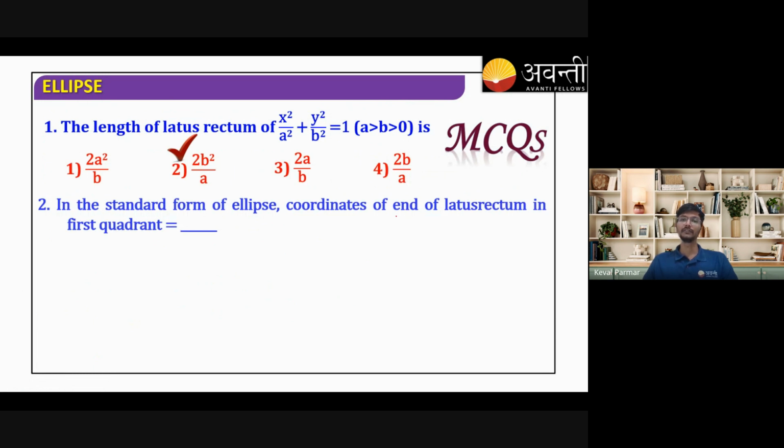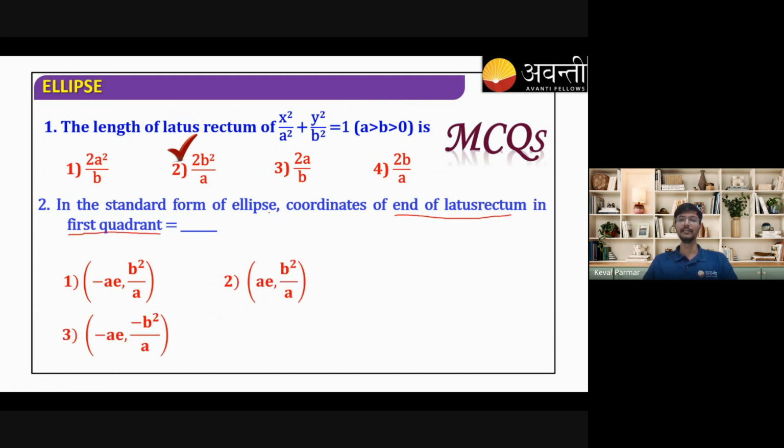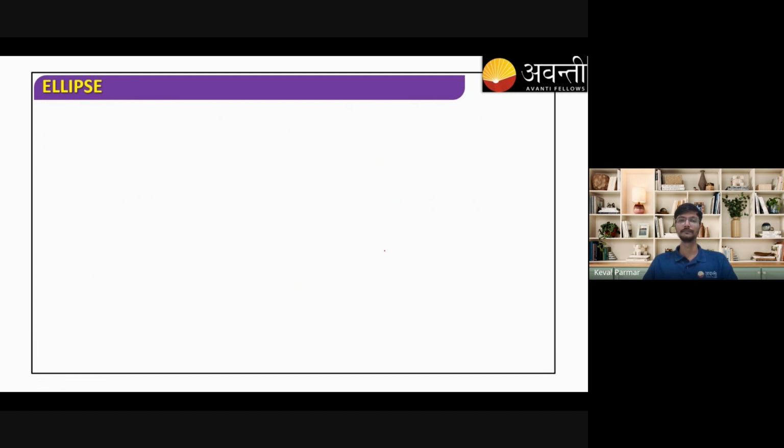The coordinates of the end points of the latus rectum in the first quadrant. It will be very simple for you to answer. What will it be? Correct. Because in the first quadrant, both should be positive.